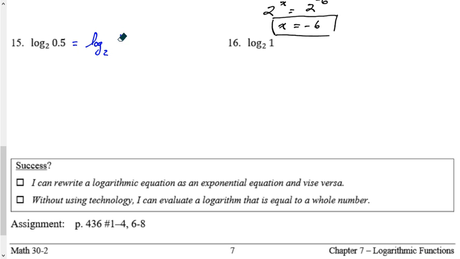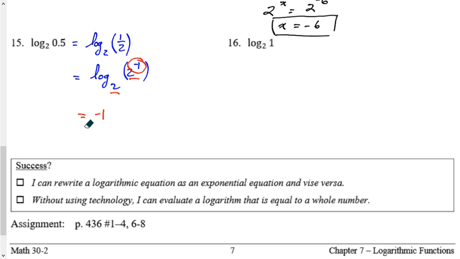That's not quite a power base 2 yet. 1/2 is the same as 2 to the negative 1. Okay, so I've rewritten 0.5 as a power where the base is 2, so my logarithm is equal to this exponent, negative 1.